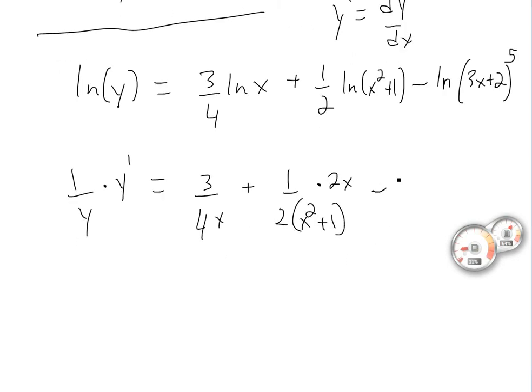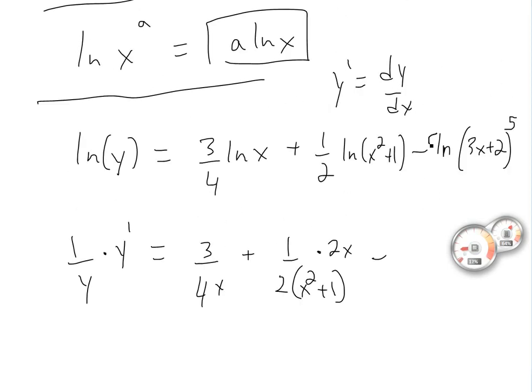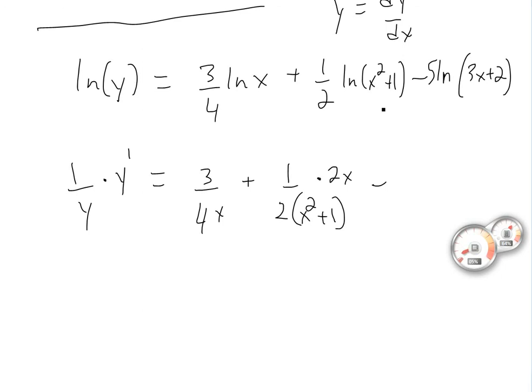All minus, this one I forgot to put the 5 here, so just put the 5 here. So this will be 5 over 3x plus 2, then times 3 as the derivative of the inside using the chain rule.